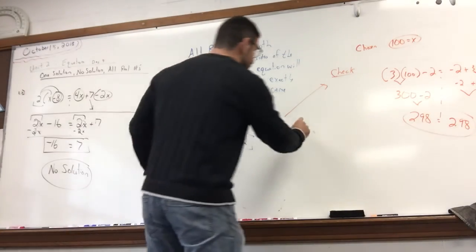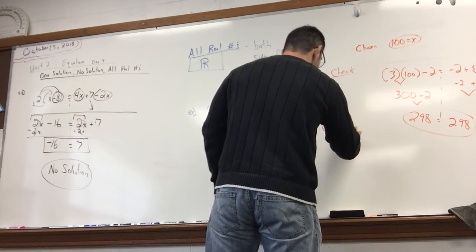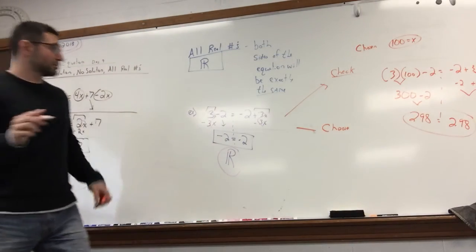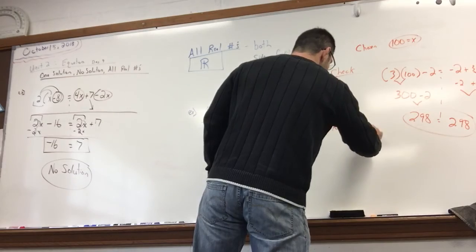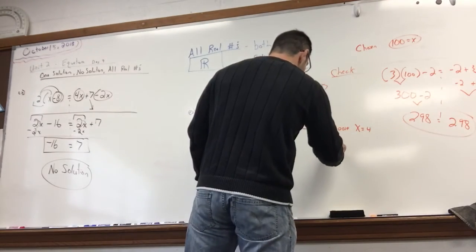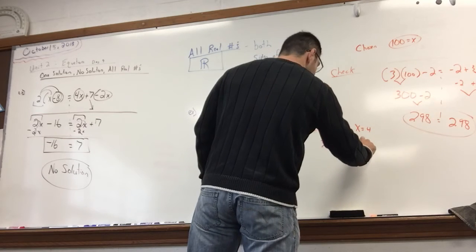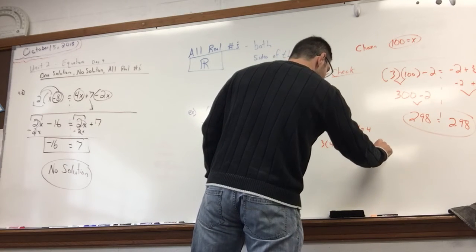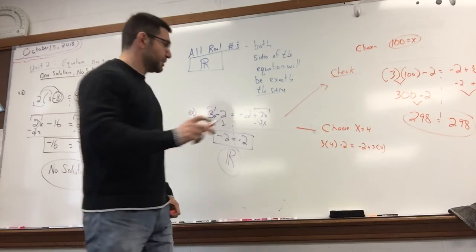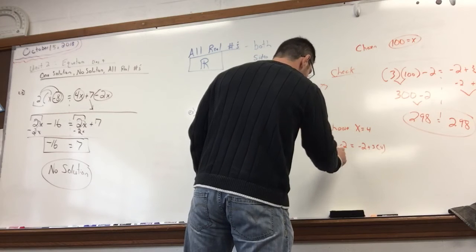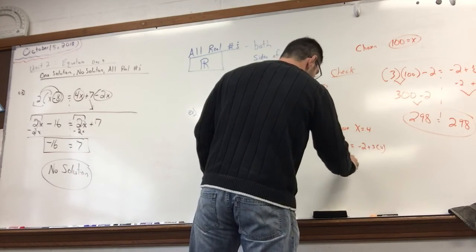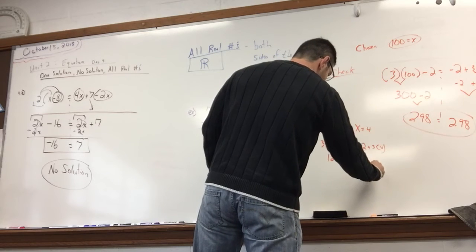So let's try another one. Choose a small number. Mason, give me a small number. 4. So choose x equals 4. I'm trying to show you there's more than one choice. So now I've got 3 times 4 minus 2 equals negative 2 plus 3 times 4. 3 times 4 is 12. 12 minus 2 equals negative 2 plus 12.